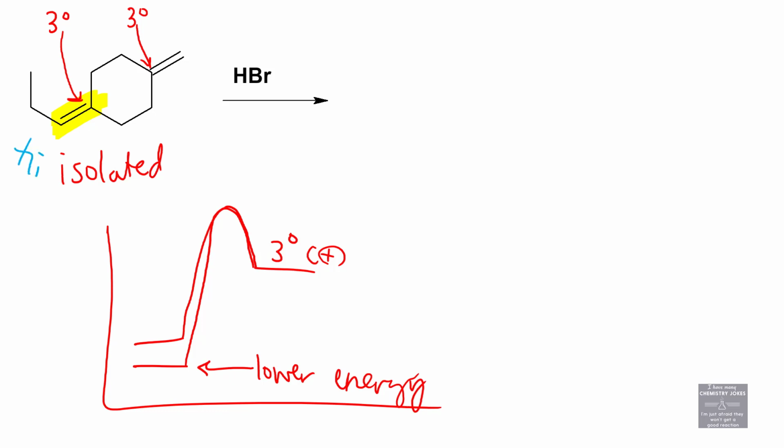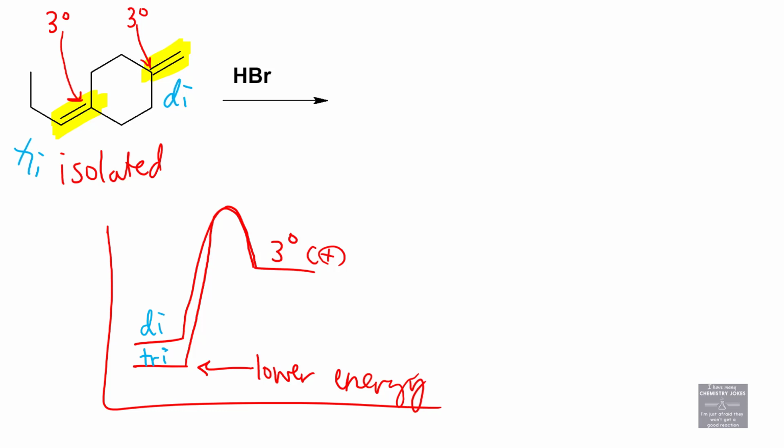That is a tri-substituted alkene. This other one, what substitution pattern is that one? That's a di-substituted alkene. And do you remember which alkene is more stable, which alkene is less stable? The tri-substituted alkene is lower energy because it's more stable than the di-substituted alkene.